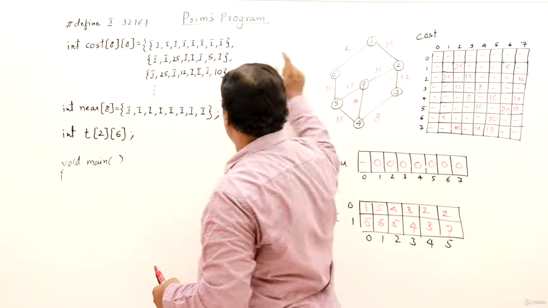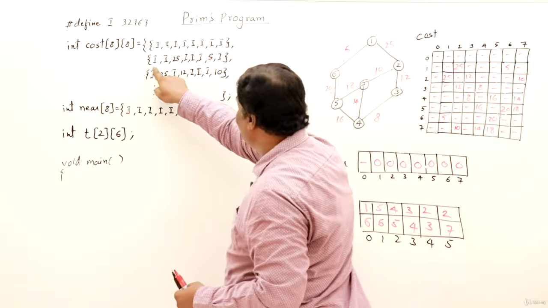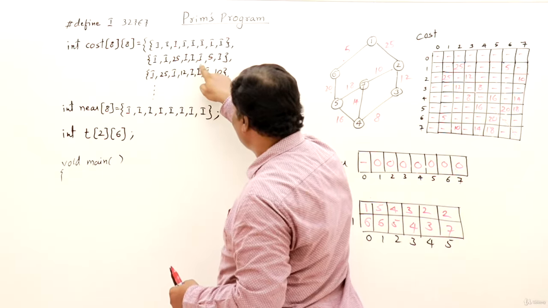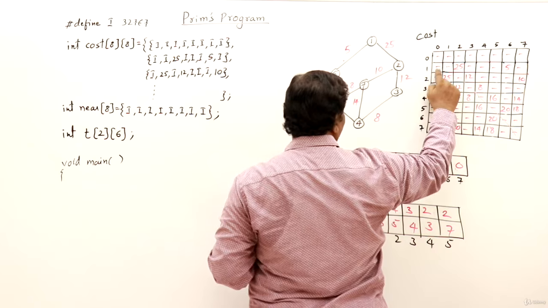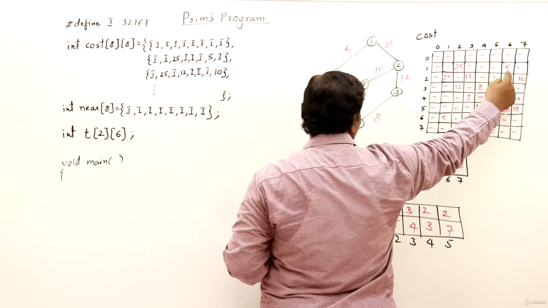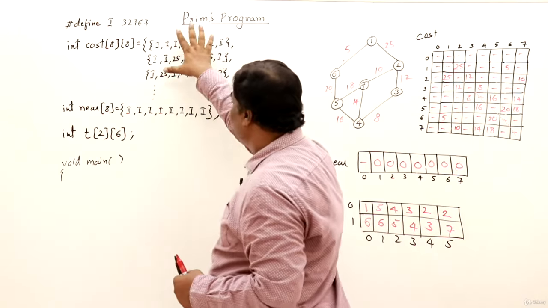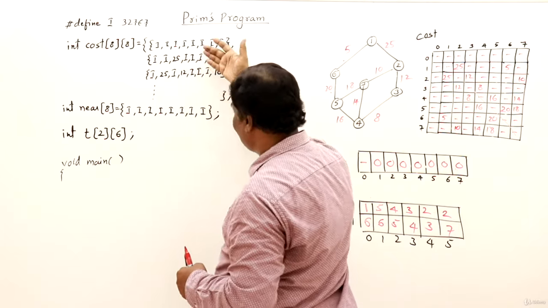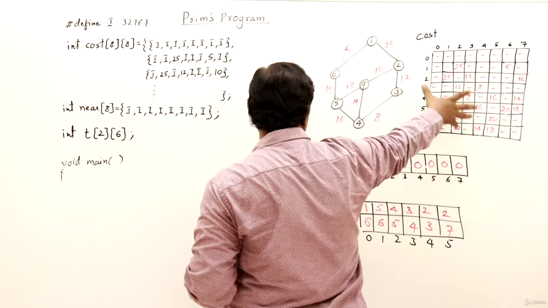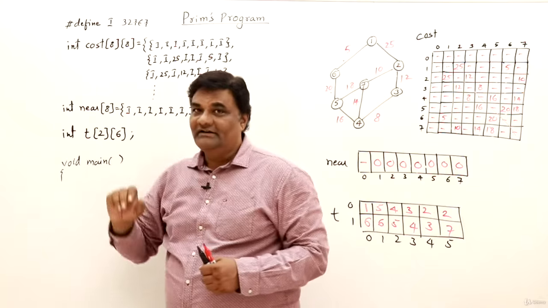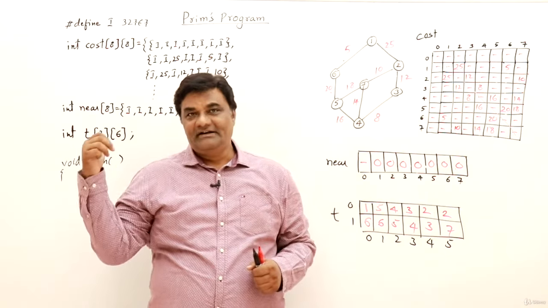This is the first row, everything is infinity here, and the second row is infinity, infinity, 25, and 3, infinity, is 5 and infinity. As it is, I have initialized this. I have not written everything. So now you can see this is the whole thing I have to write down here. So that matrix is prepared here.